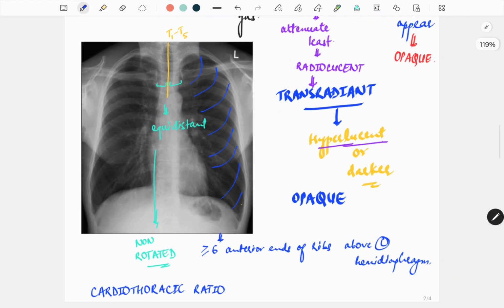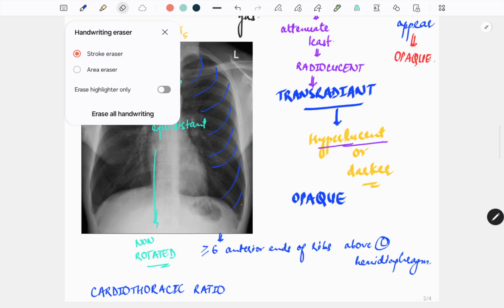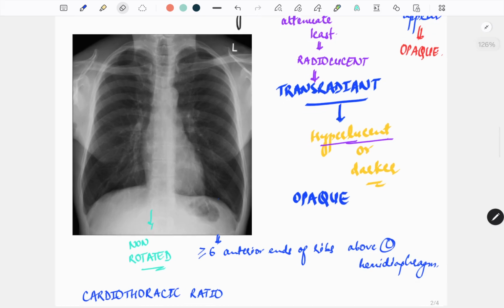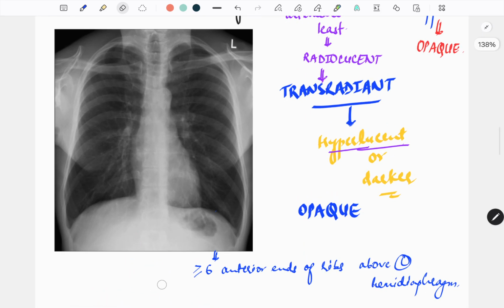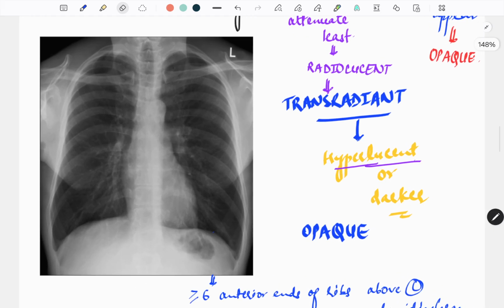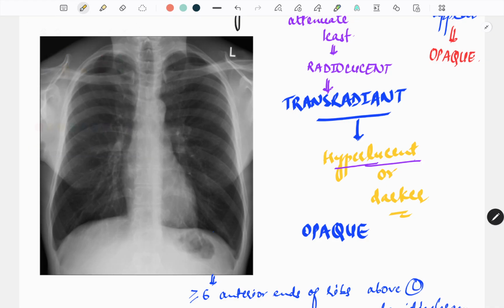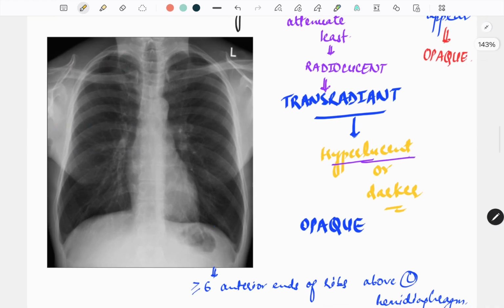Now we'll see how to calculate the cardiothoracic ratio. What we'll do is draw a line through the spinous processes of vertebral bodies.